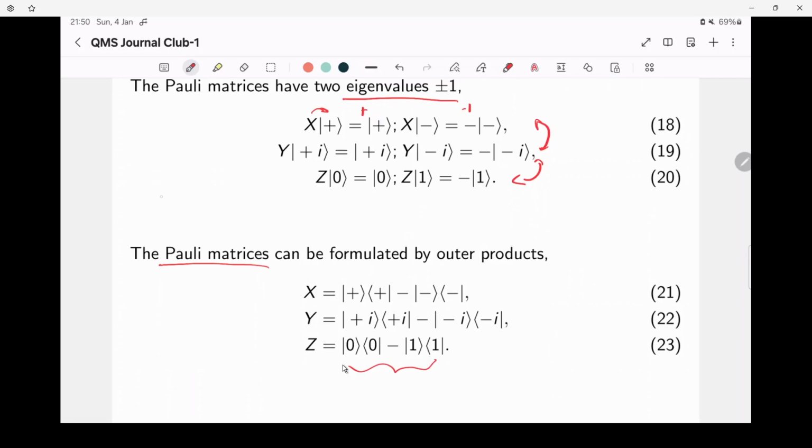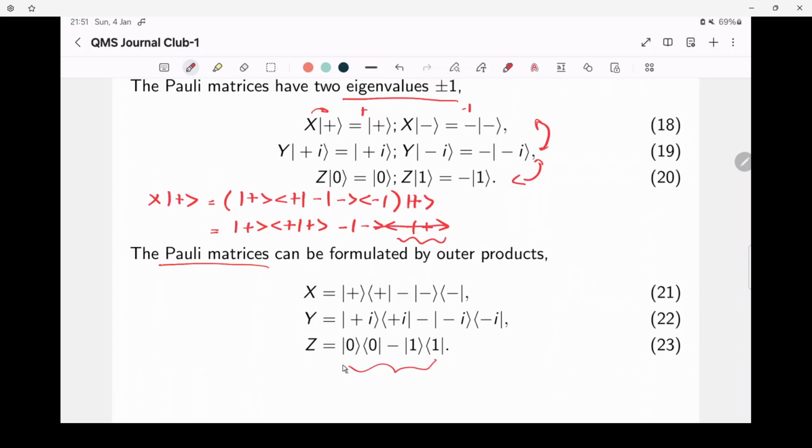For instance, X with plus is actually this acting together. Sorry, there should be a plus. So when you multiply things inside, you find that this is orthogonal to each other.